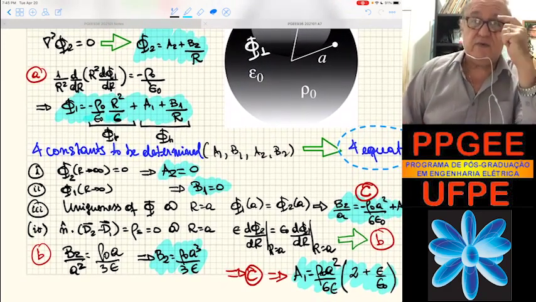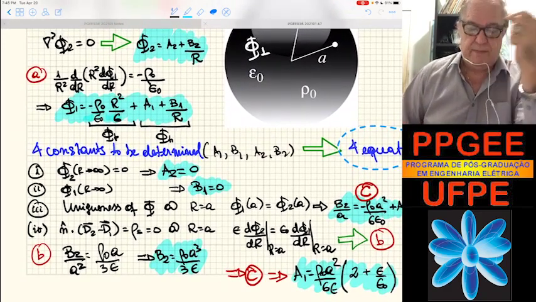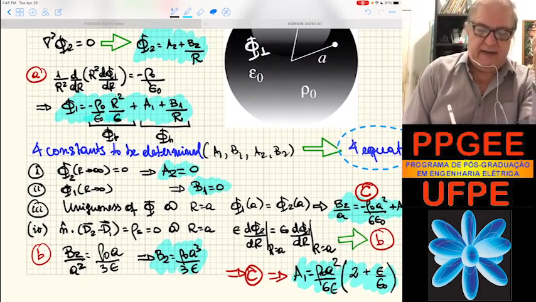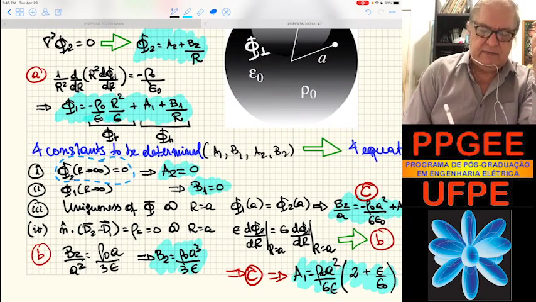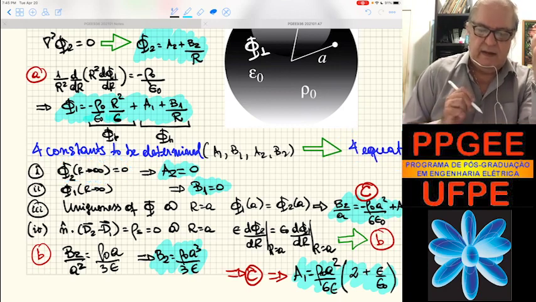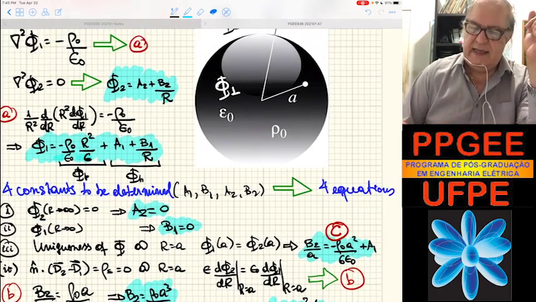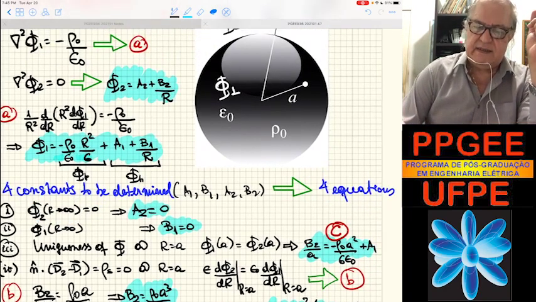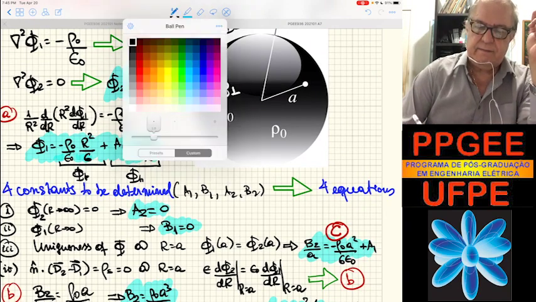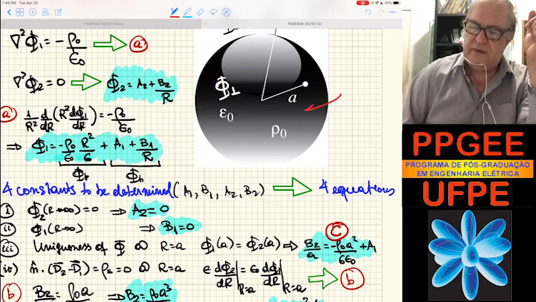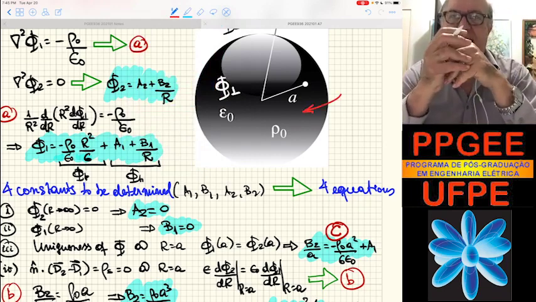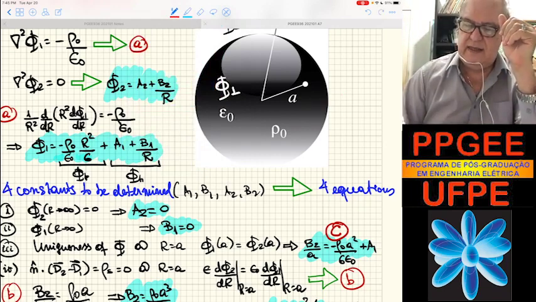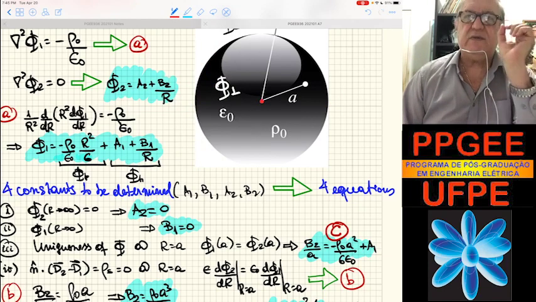So what are the physical considerations? Well, potential outside for large R is 0, right? Potential inside has no singularities because we are talking about a continuous distribution. There are no discrete charges inside here. So in the origin specifically, there is no singularity.